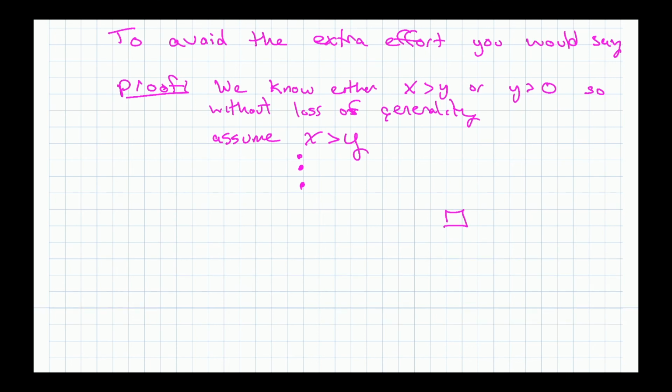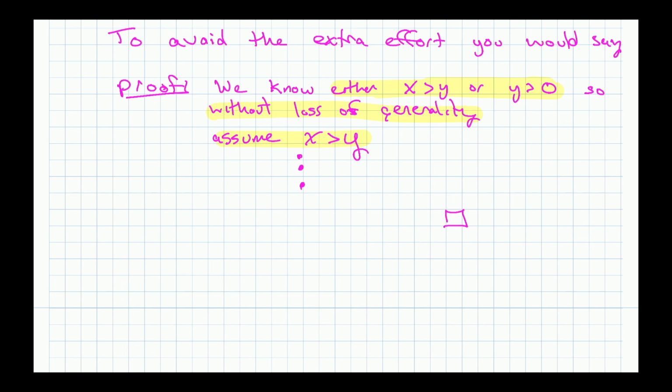Because when you say, like, these are the two things that could happen, and when you say without loss of generality, assume x greater than y, you're saying it doesn't matter which one is which, right? You're saying the two cases are the same, and you're just going to do one of them, and the other one's the same, but reversed.